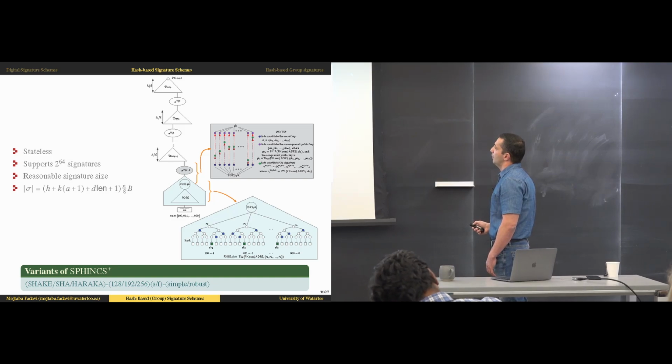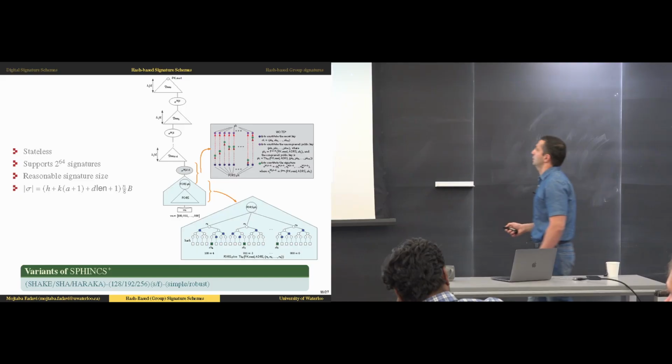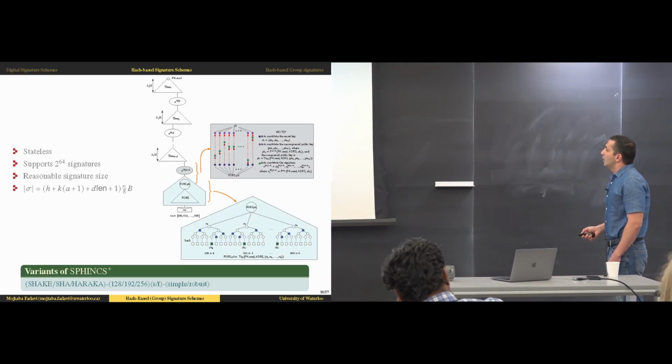It is 64. K is the number of Merkle trees in FORS. A is the height of them. D is the number of layers. Length is the WOTS parameter, and lambda is the security parameter. I forgot to change it; it should be n.